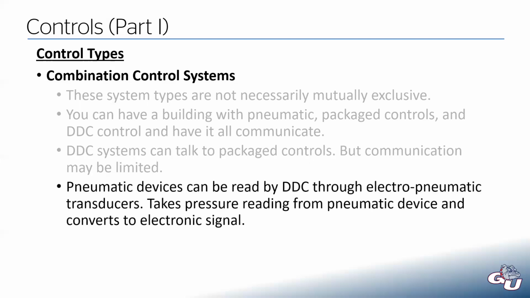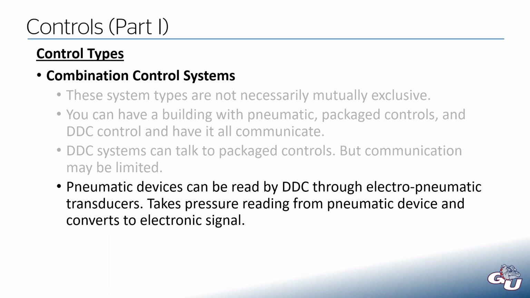And you could have pneumatic devices that interface with the DDC through what are called electro-pneumatic transducers. And what that means is you still have all the pneumatic stuff going on that we talked about earlier, but this would take the pressure readings from those pneumatic devices and through these transducers convert them to an electronic signal.